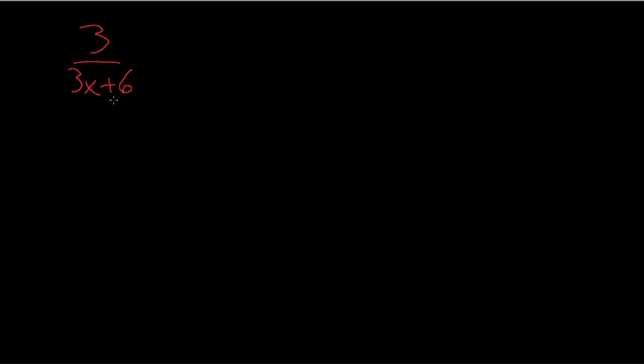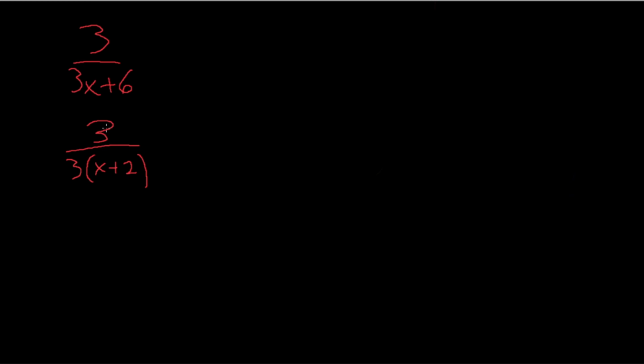So what we are left with would be 3 over 3 times x plus 2. Now, since we have a 3 on the denominator and the 3 in the, what's the top called?